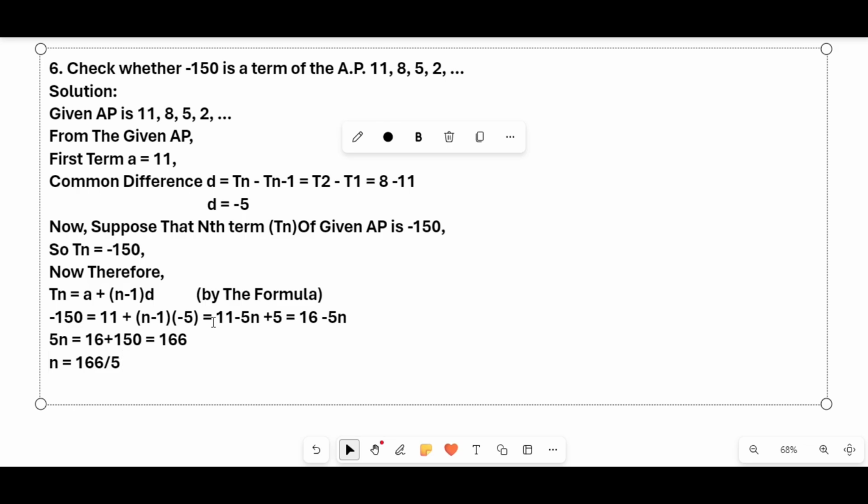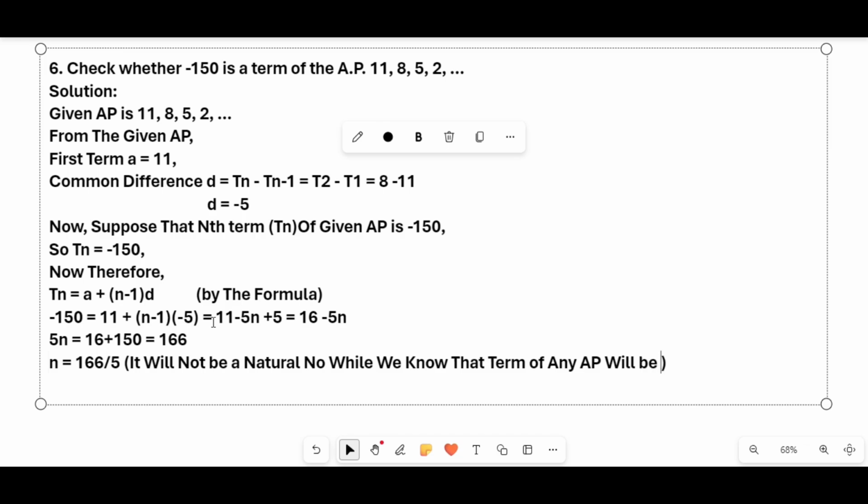Okay, this will not be a natural number, while we know that the term number of any AP will always be a natural number.